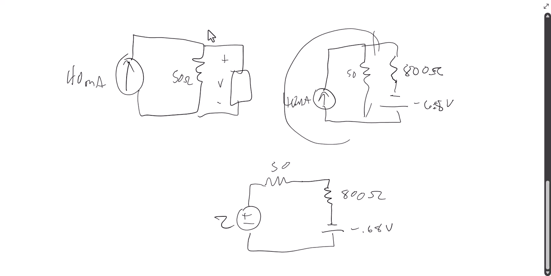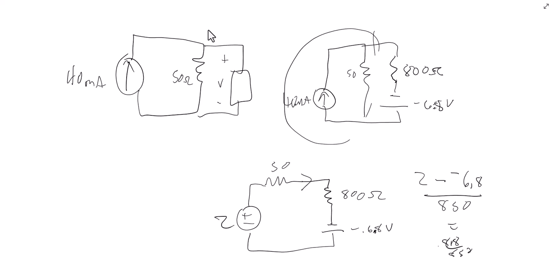So I can find the current here would be 2 minus negative 6.8 over 850, which is 8.8 over 850, which is 0.0103. So that's our current. What is our voltage across the 800 ohm resistor?